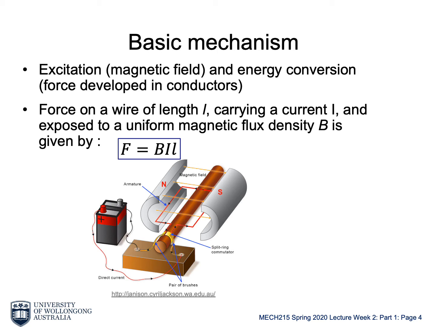The force depends on the magnetic flux density B, which is how strong this magnetic field is, and is also proportional to the current, how large the current going through the coil is, and how long the coil is. That's the length of this rectangular shape. So these three things contribute to how large a force we can generate.